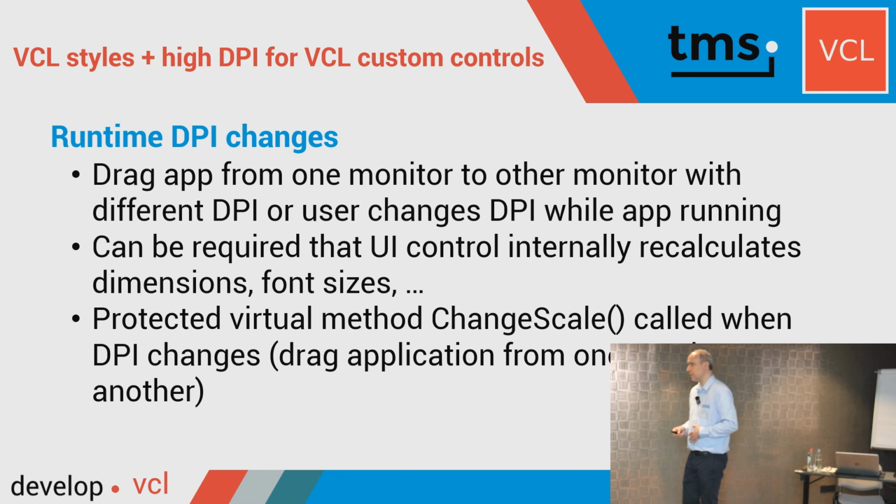Yes, question? How's the speed from the rendering SVG to the controls? Okay, so the question is, what's the speed of SVG rendering versus, let's say, TBitmap rendering or PNG rendering? Well, there is not a single answer to that, because SVGs can start from being extremely simple to being extremely complex.